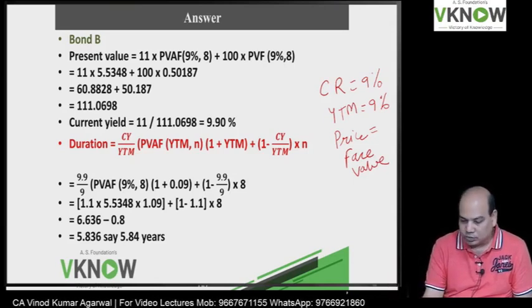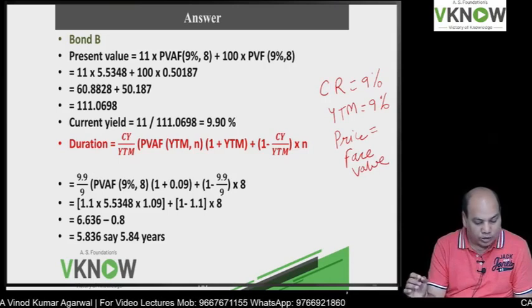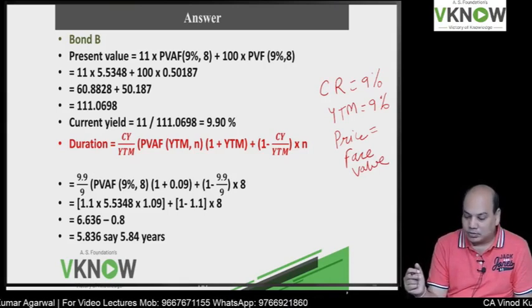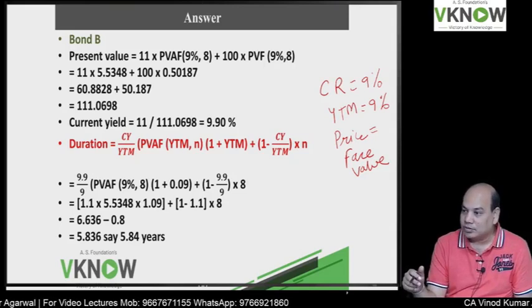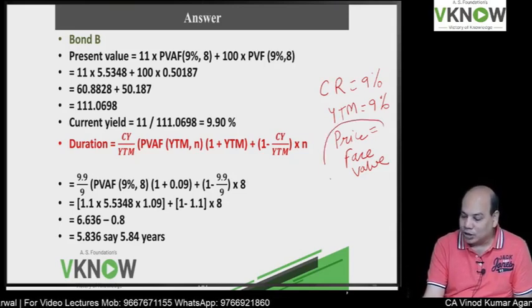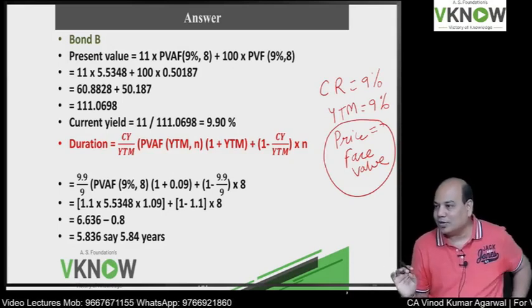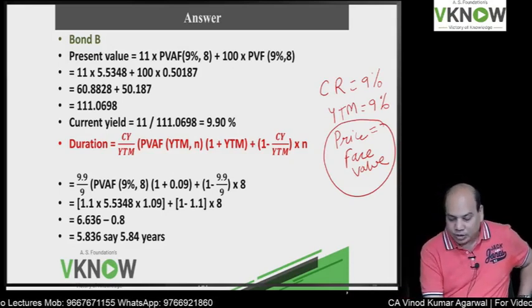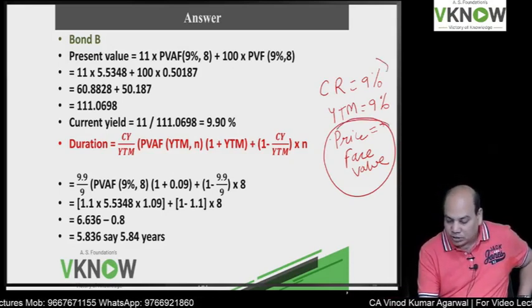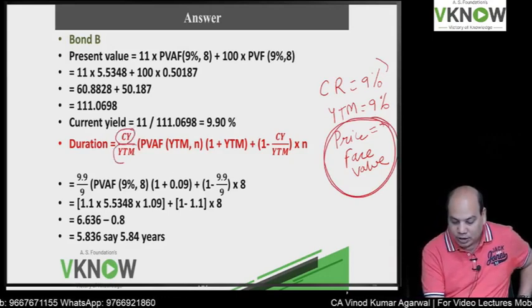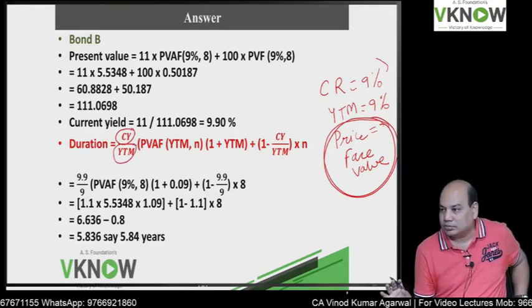So if you look at the third bond C, the coupon rate is 9% and YTM is also 9%. So therefore there is no need to calculate. The price of the bond will be equal to 100 rupees only. And in case price and face value are same, the current yield and YTM will also be same.